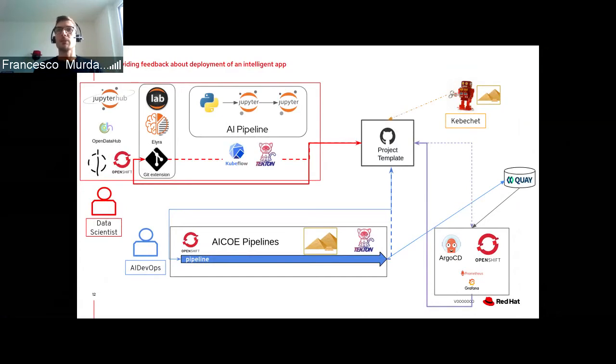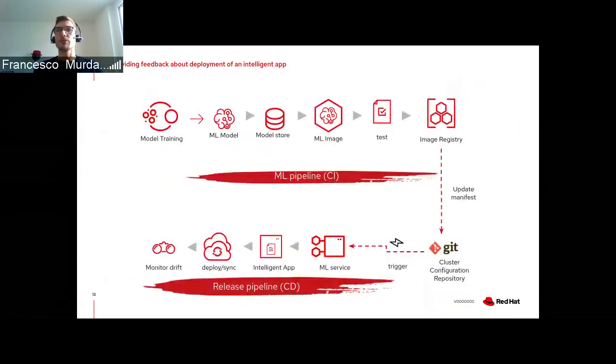And this is basically what it looks like when you have to describe what is happening from the model training. So you have the model that is trained with a pipeline. You store it in some specific place, cloud storage, or on GitHub if it's not big enough. Then you create an image out of it, you test this image, and you push it to the registry.